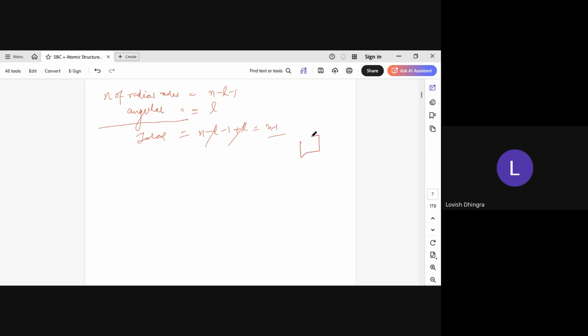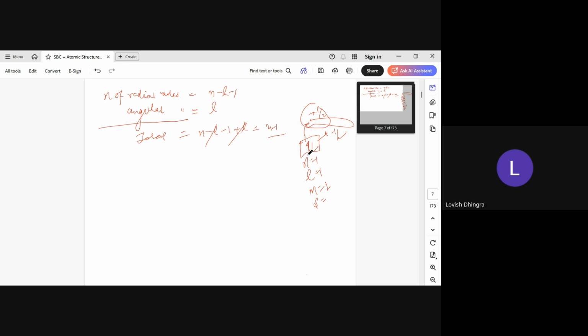Suppose this is an orbital, like this and this. For this, the n value is the same, suppose 1. The l value is also the same, suppose 1. Then comes the m value, which is also the same. I'm just explaining. Then comes s. For one electron it is plus half, and for the other one it is minus half. So this fourth quantum number distinguishes these two electrons.